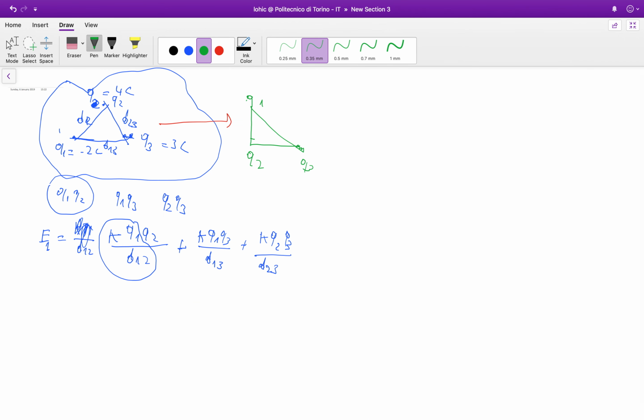I did this stuff in detail. So if you don't have any question, I will stop here for the potentials, and after the break I will start talking about the dipoles.